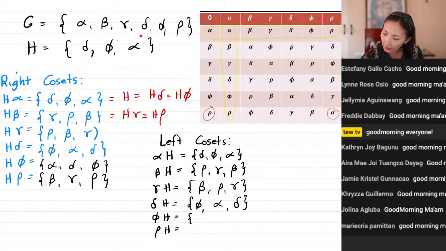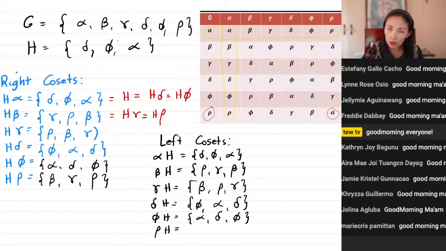Phi times delta is alpha. Phi times phi is delta. And finally, phi times alpha will be phi.